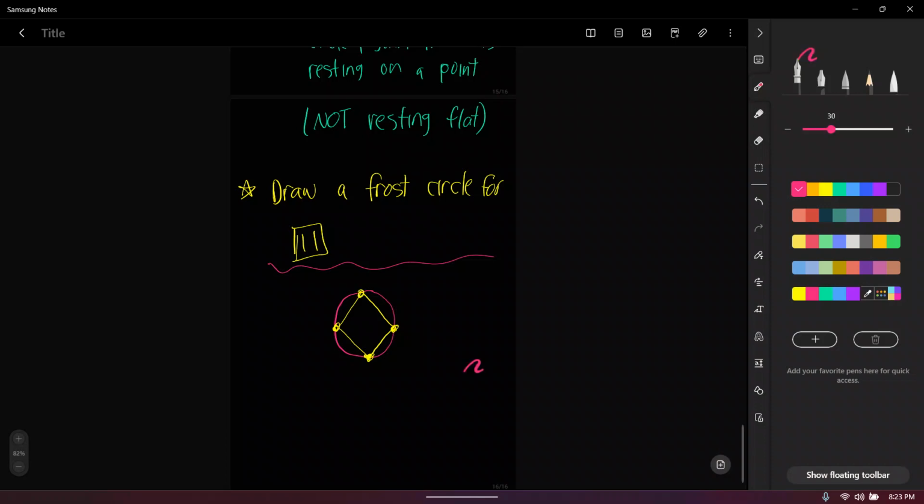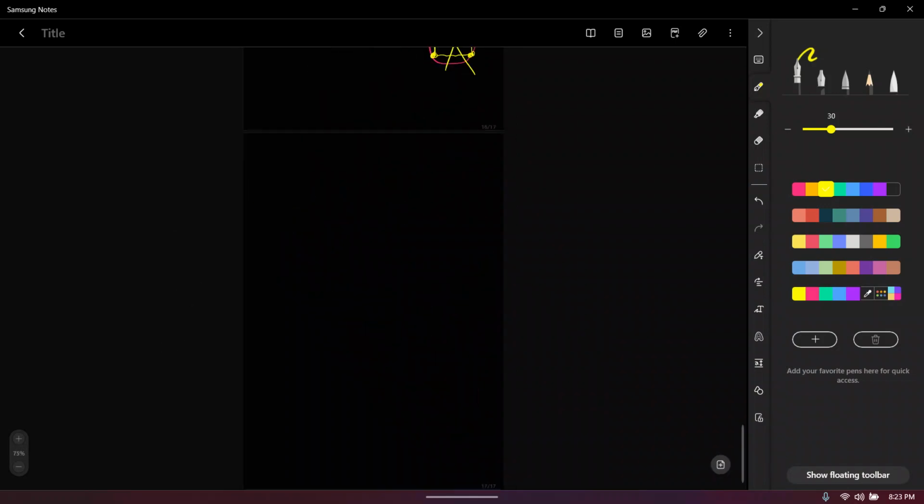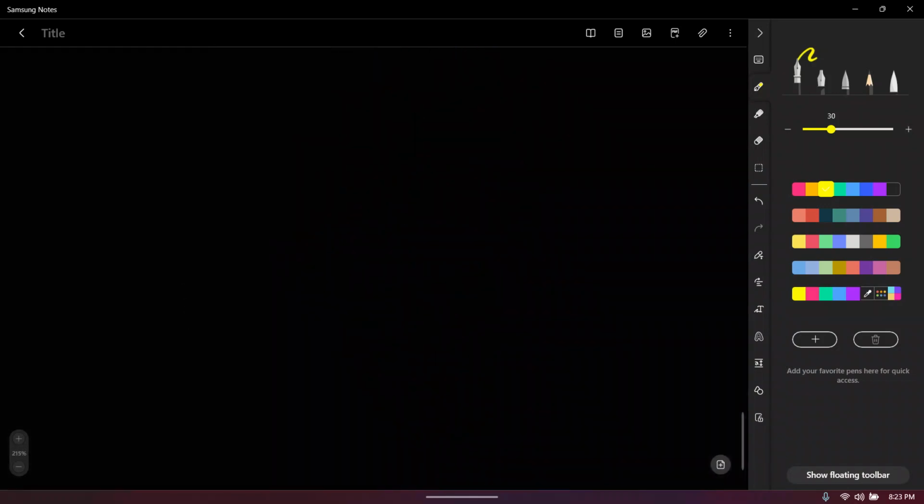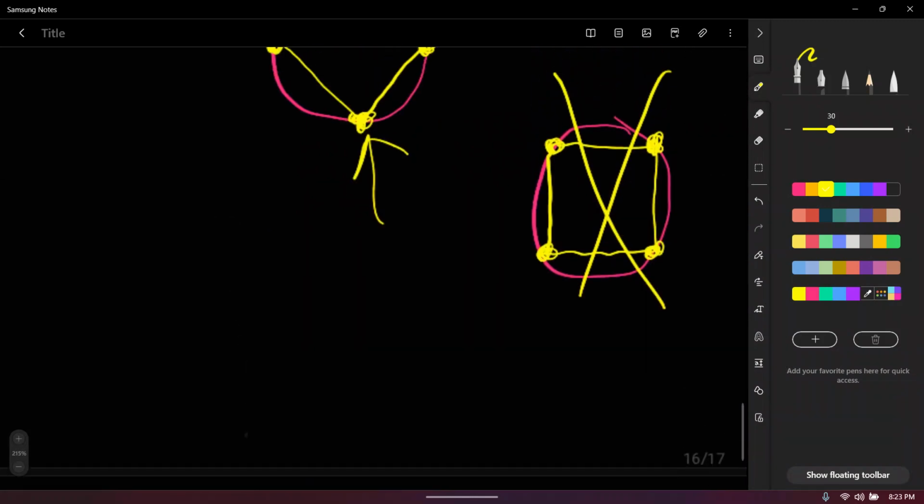Because if I put it in like a normal square, then hopefully you can see it would be resting flat, and it cannot be resting flat. It has to be resting on a singular point. So this would be incorrect, but this would be correct. Oh, I made this thing so big. All right, whatever.